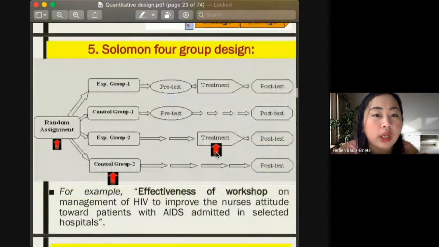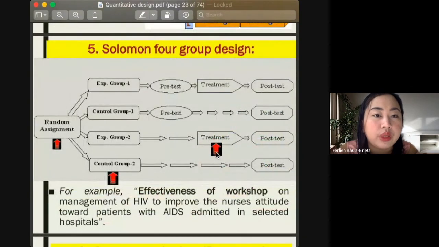The next one is the Solomon 4 group design. So in the Solomon 4 group design, from the random assignment of the target population, we have the experimental group, the control group, the experimental group 2, and the control group 2.